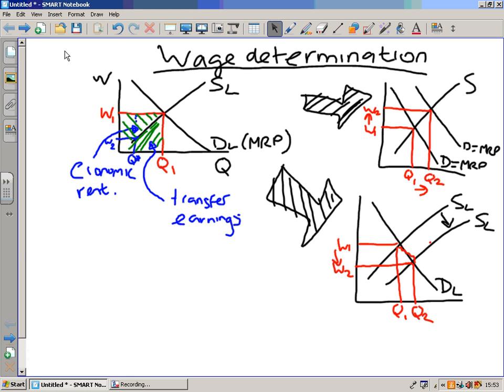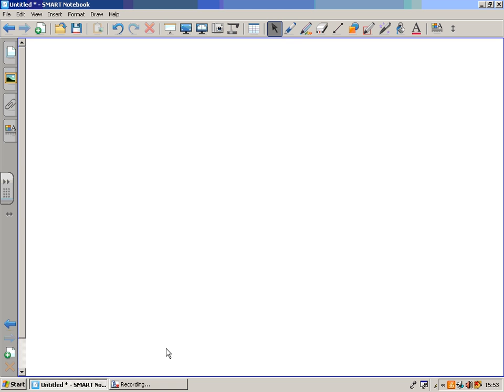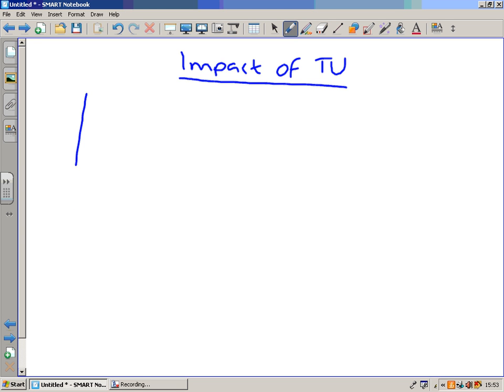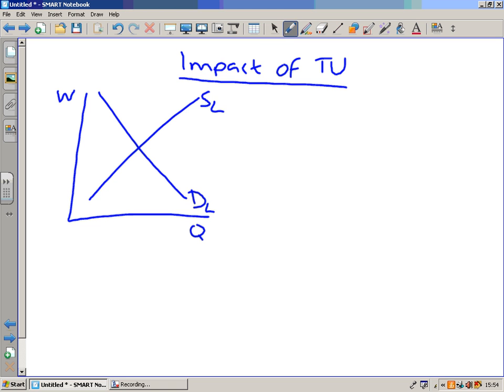What I want to talk about now is how a trade union might impact on labour markets. So we're thinking about the impact of a trade union now. If we take our competitive labour market, we know that Q1 people will be employed at W1.